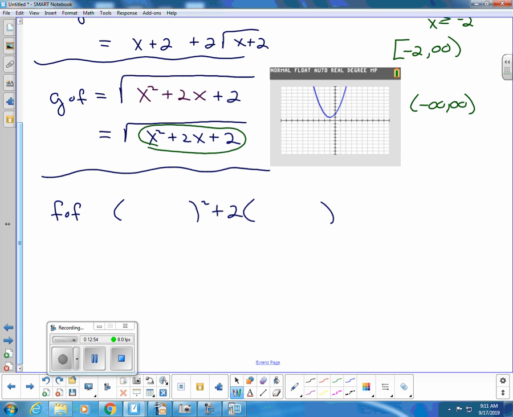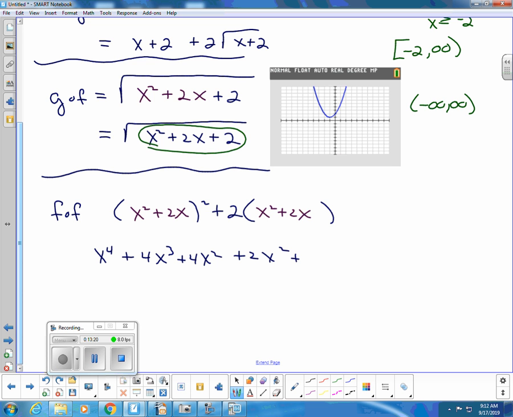So there's my f function, and inside I'm going to put in that. Remember, we're going to FOIL this with our little shortcut. So the square of x squared is x to the fourth. Multiply and double. You're going to get 4x to the third. And we're going to square that last term.